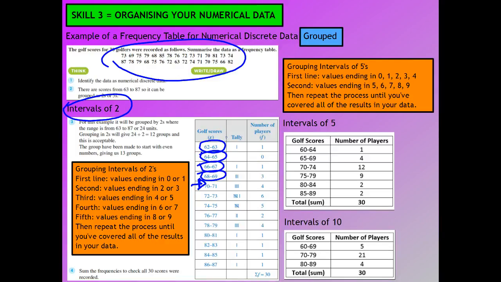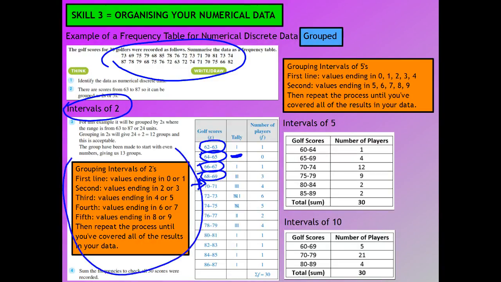So when we sorted the data, we started with the next lot of 2, which was 62 to 63. Always start with an even number and go to the next odd number. So 62, 63 is together, 64, 65. Even though no one got a result of 64 or 65, you still include it in your table. Then 66, 67, 68, 69, and so on.